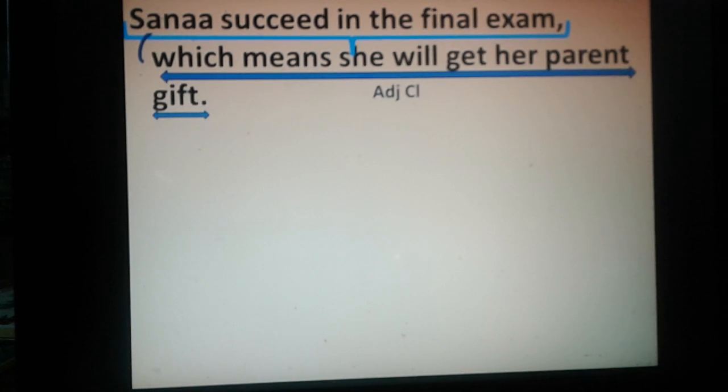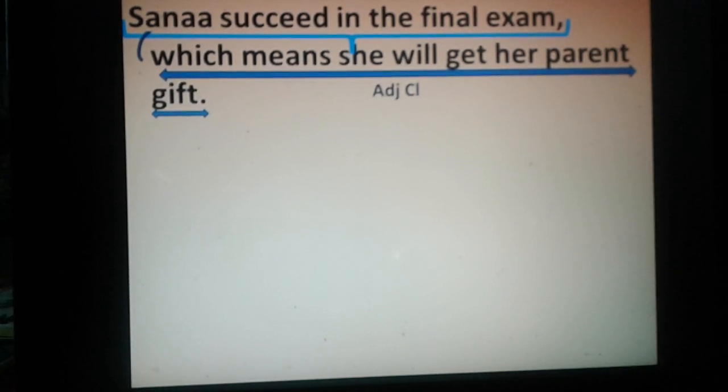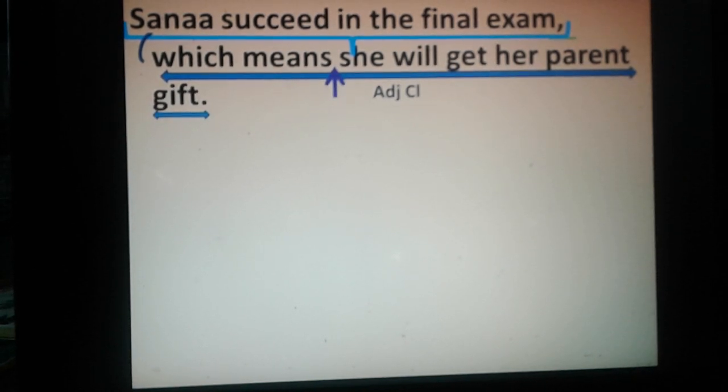When we want to give extra information about the situation before the adjective clause, we must use a comma and also use which. Here, if you say "that," which means we have also another clause.